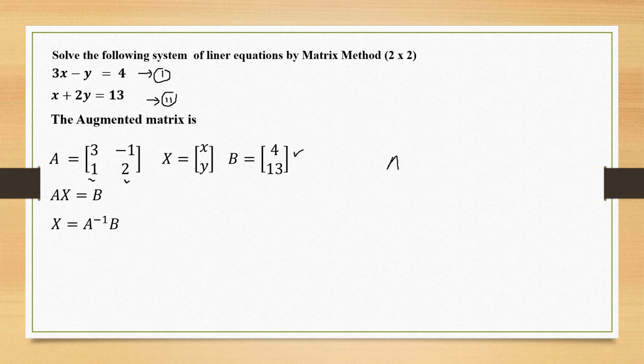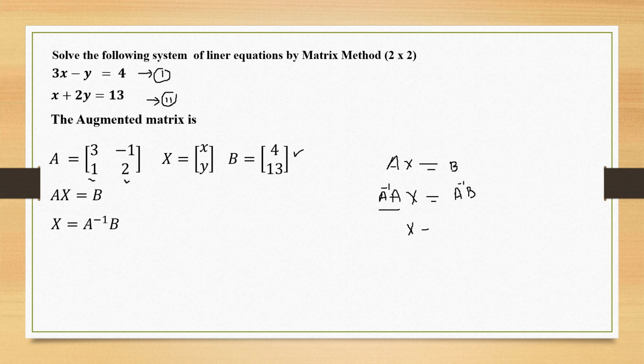We know about it when we have AX is equal to B. Taking inverse on both sides, A inverse into A into X is equal to A inverse into B. So this A into A inverse is the identity matrix.